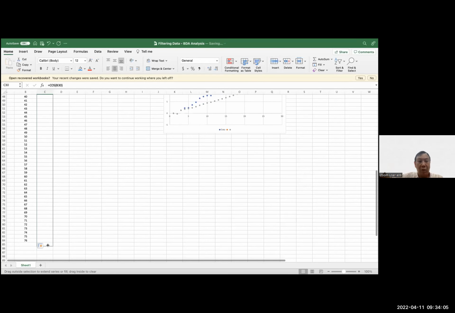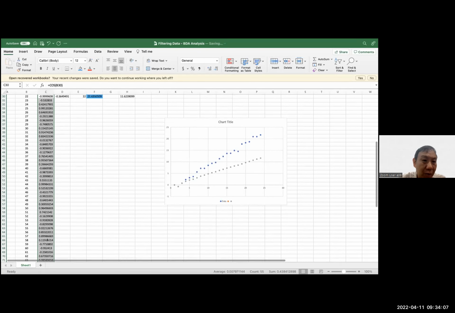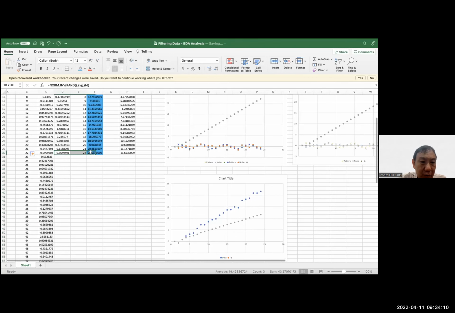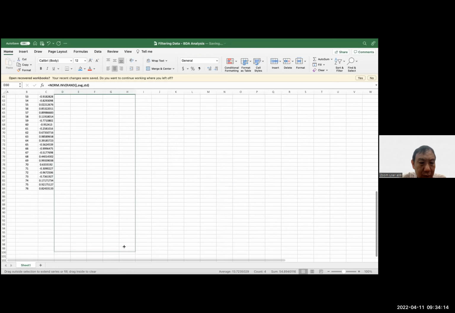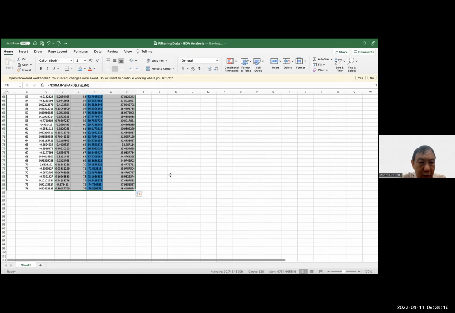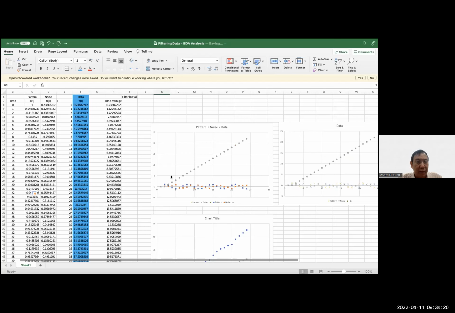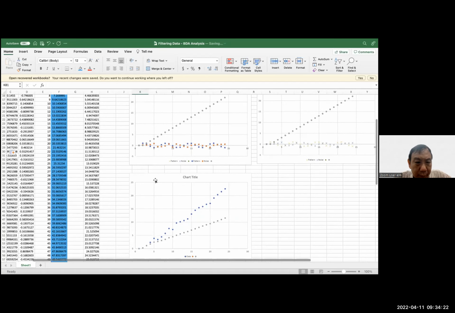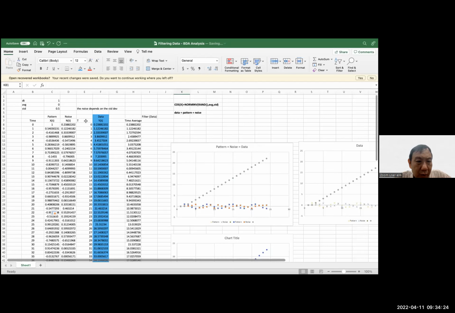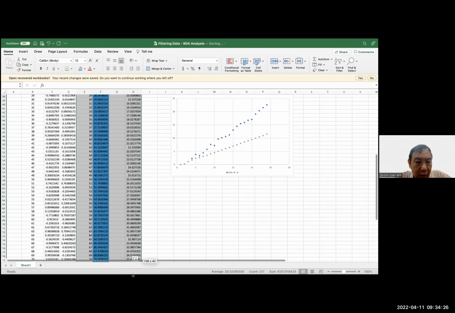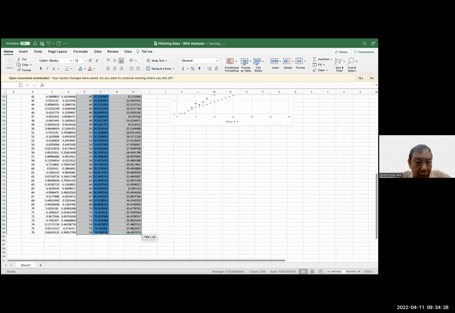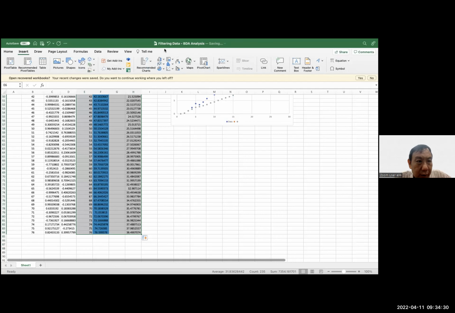You can copy the whole row and then copy down. Yes. There. When you plot, you can see better. Okay.